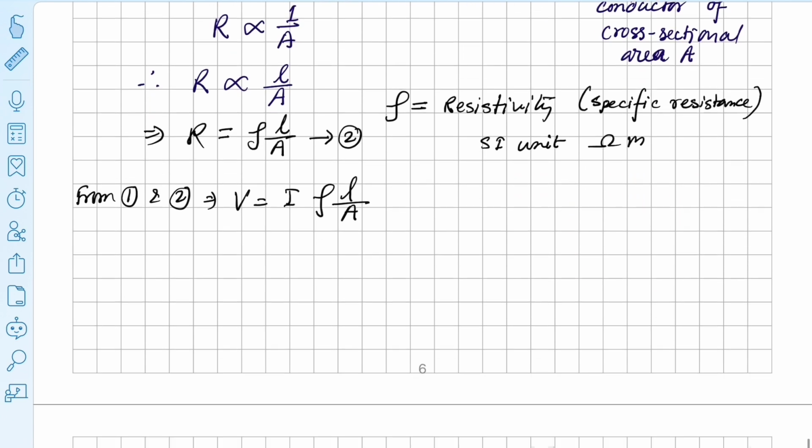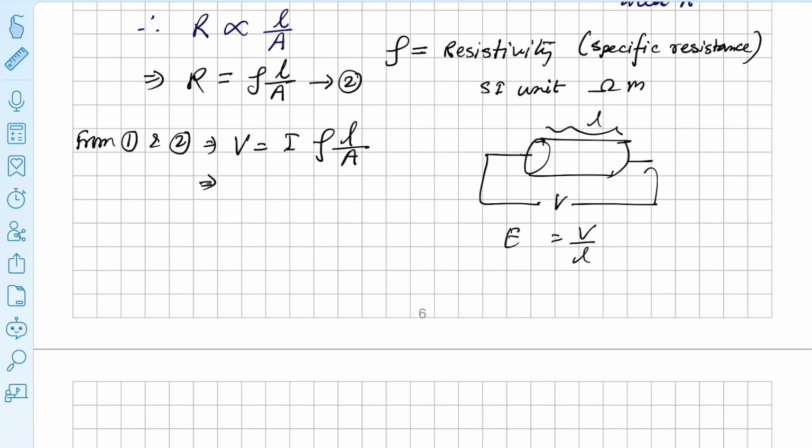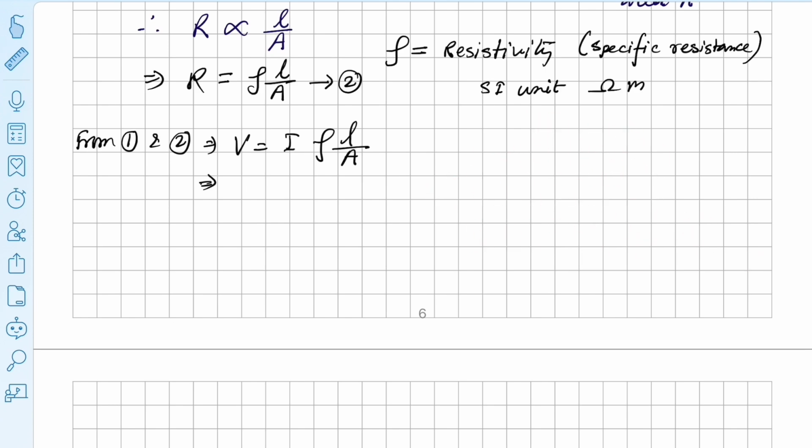Now we know that if this is the conductor, and we apply the potential difference V across this conductor, and its length is L, then electric field E is given by V by L. So that's why V will be equal to E into L, right?